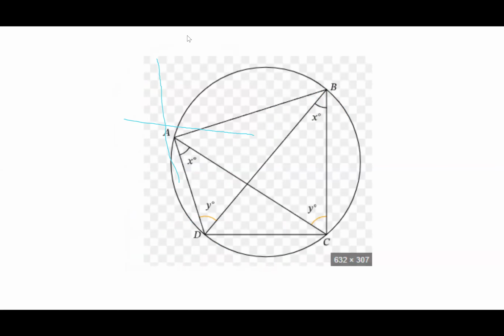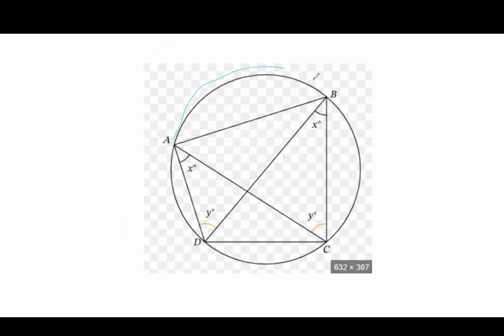If I draw the arc that they share, they both subtend AB. So therefore, ADB and ACB are equal. Now, similarly, we can see that DAC and DBC both subtend DC.